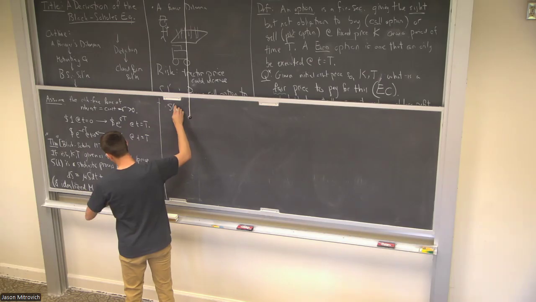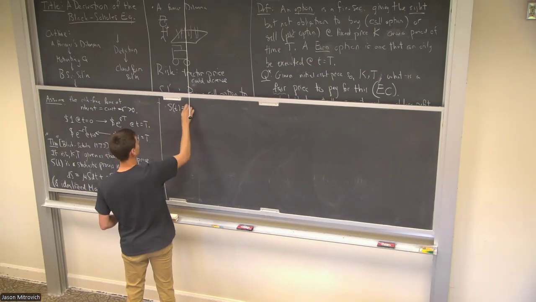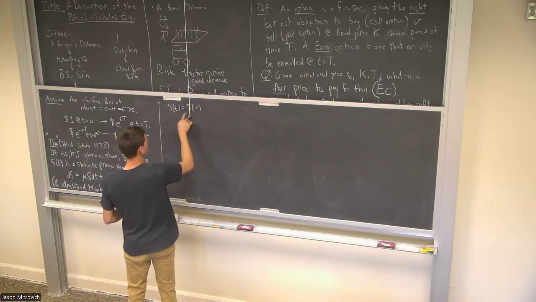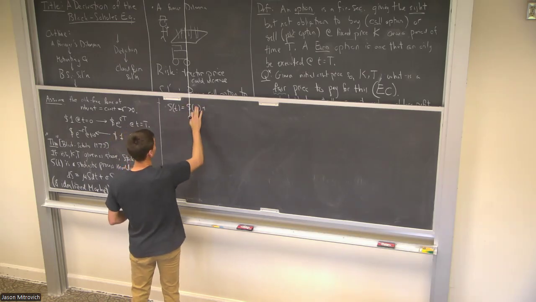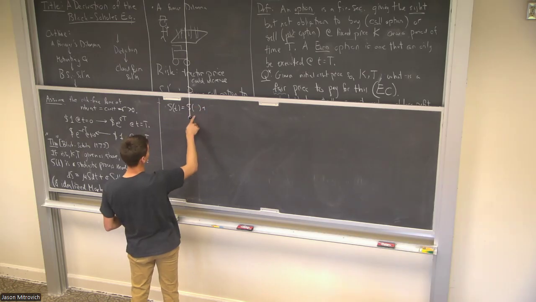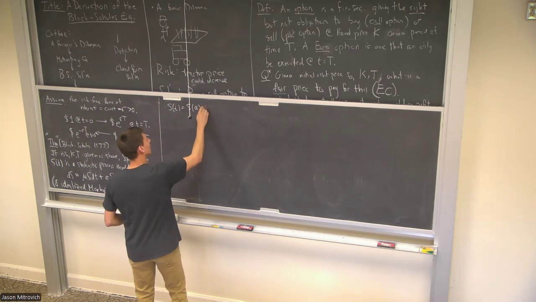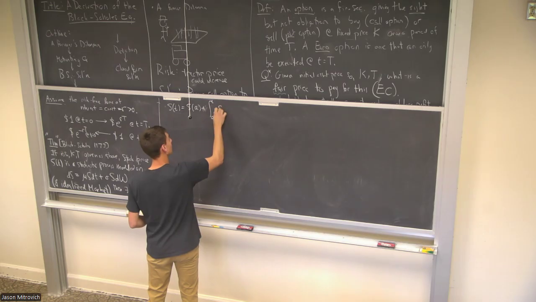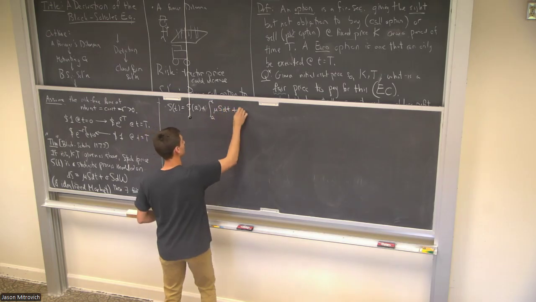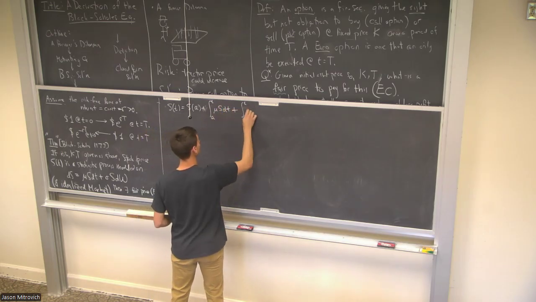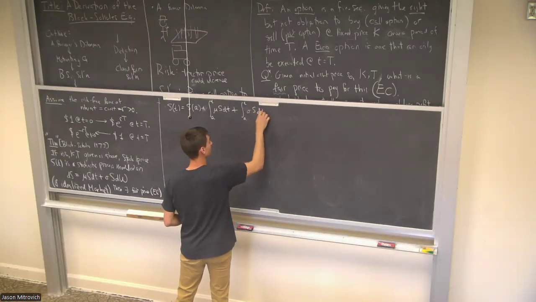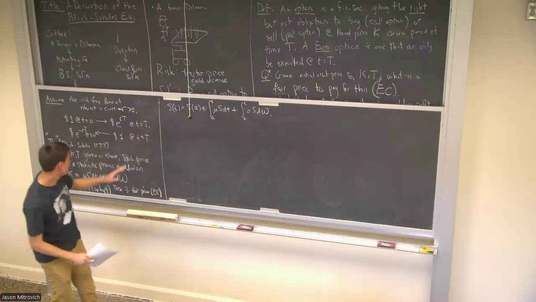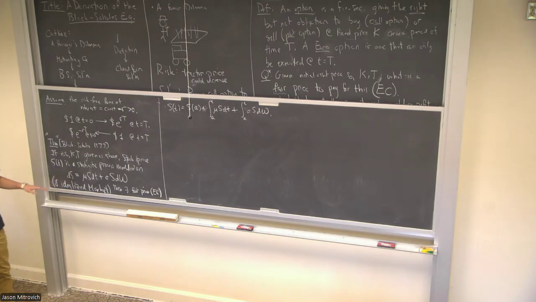What I mean to write by this is more of a shortcut for this: S of T is equal to S of A, why not, plus the integral from A to T of mu S dt plus the integral from A to T of sigma S dW. Right, so this is what this shorthand will end up meaning.